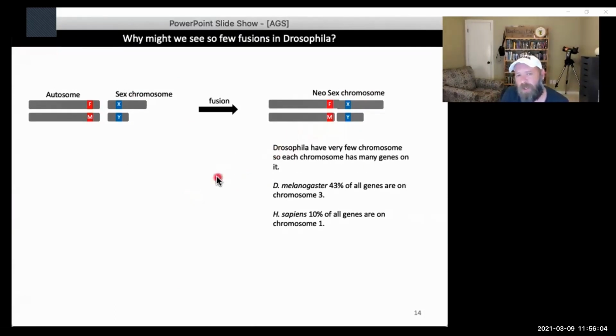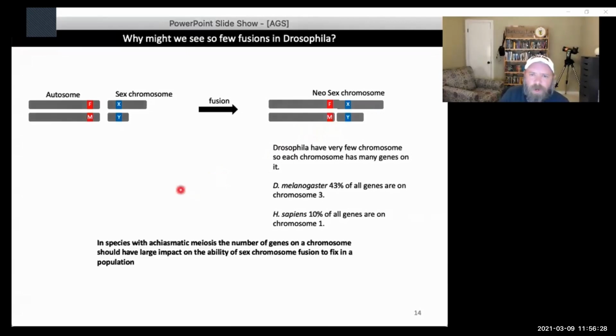And additionally, Drosophila have what's called achiasmatic male meiosis. So that whole Y chromosome that's formed with this fusion is immediately non-recombining. It no longer has a partner to recombine with. And so it's going to be subject to a force called Muller's ratchet that leads to the accumulation of deleterious mutations on non-recombining genomes.